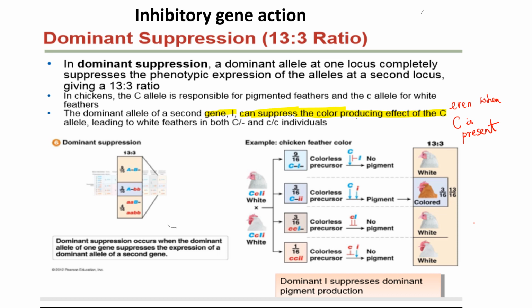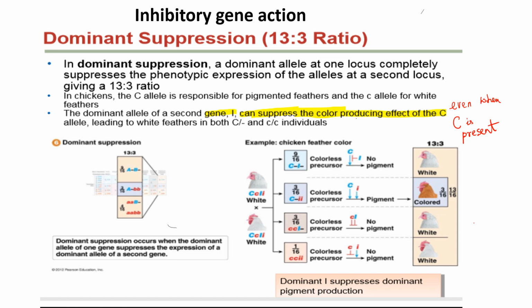The second gene I, the dominant allele capital I, can suppress the color producing effect of the dominant allele of the gene C. So the gene I can suppress the color producing effect of the C allele, even in the dominant form.